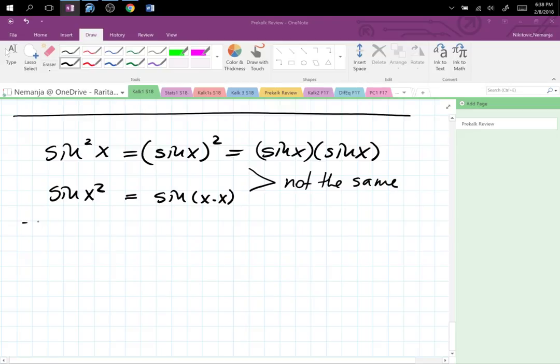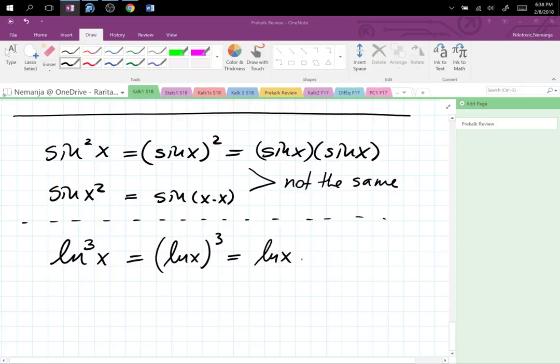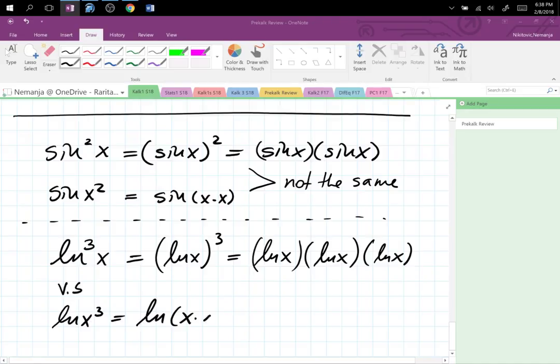Now we are going to have the same notion once we see in this class ln cubed x. Ln cubed x means ln x cubed, which is ln x times ln x times ln x, to be completely contrasted by ln x cubed, which is just ln of x times x times x, which has again nothing to do with the line above.